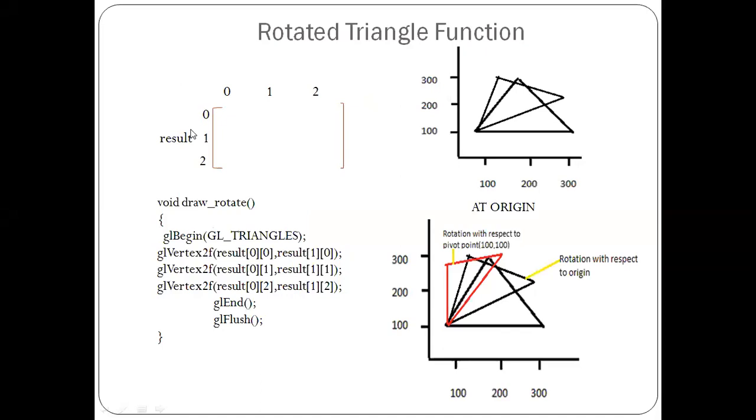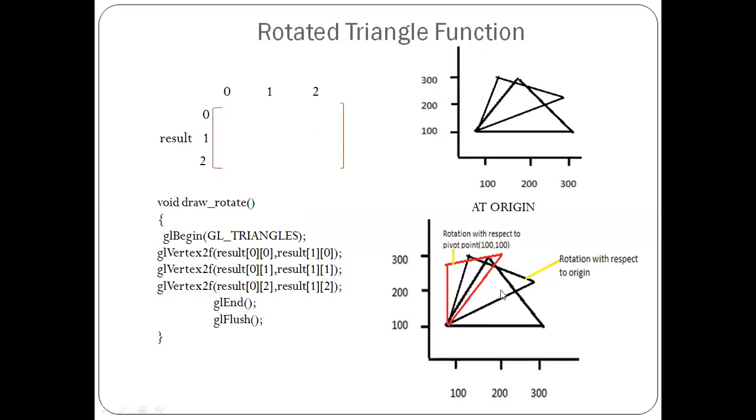It will be having a new result matrix where m and n values will be there, and this is the result matrix which I will be drawing. And this is how we will get the output, right? This is your actual triangle. So this is the rotation with respect to origin, which I got previously.